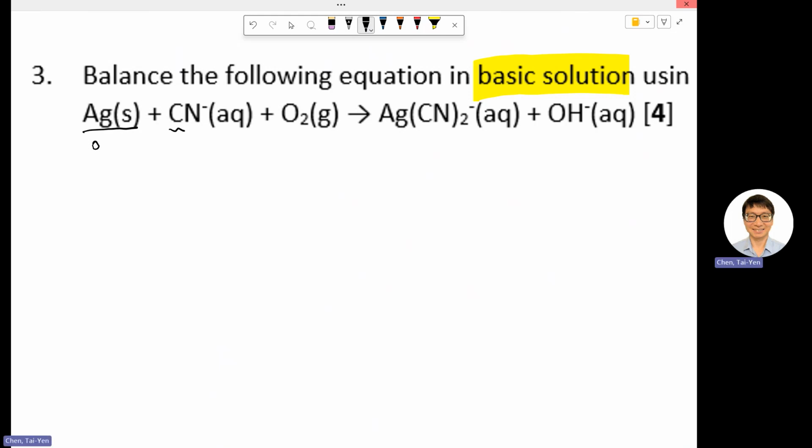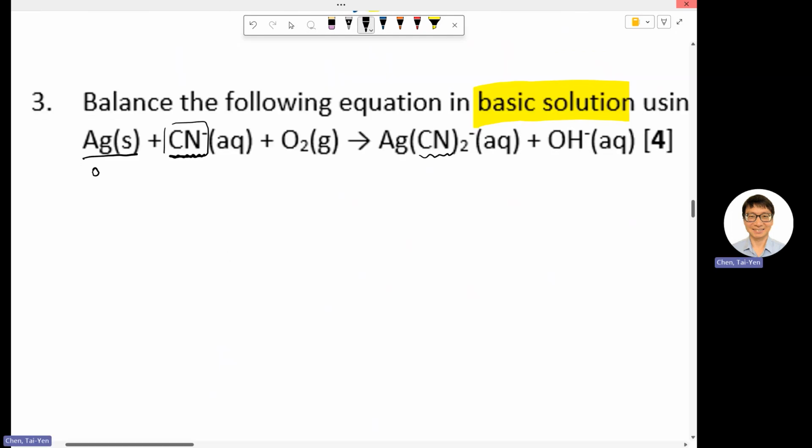Here you see the species is CN minus, and then you also see CN minus show up here. So this is something that you want to be careful about when you're handling a question like this. Typically we call this species a complex anion.